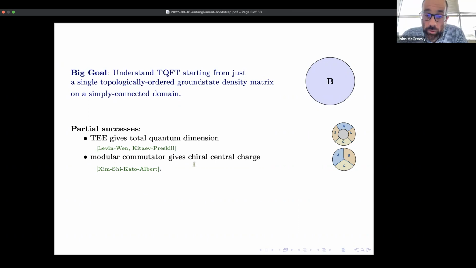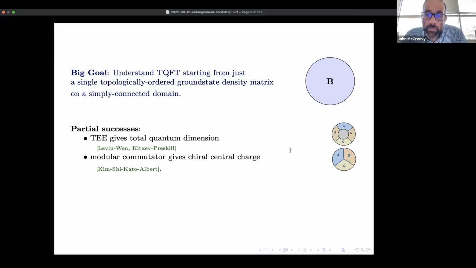And the modular commutator that Bowen talked about yesterday, which from slightly more refined information about the reduced density matrix, again on just a ball, extracts the chiral central charge. So those are two, let's say, coarse invariants of the effective topological field theory.